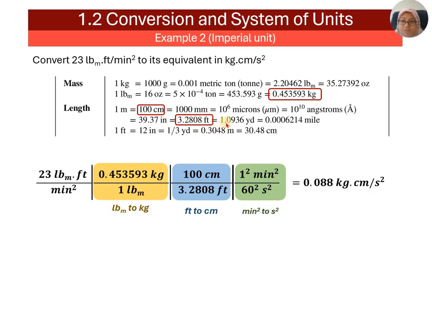But since it's the same thing, I just combine it into one conversion factor to simplify my calculation step. And then the last one is minute to second squared. Remember, 60 also needs to be squared. So when you calculate this, you should get 0.088 kilogram centimeter per second squared.